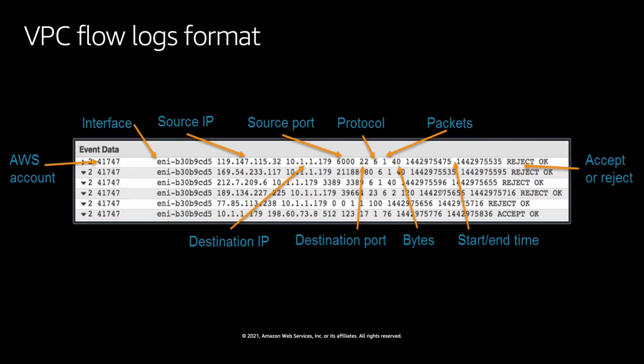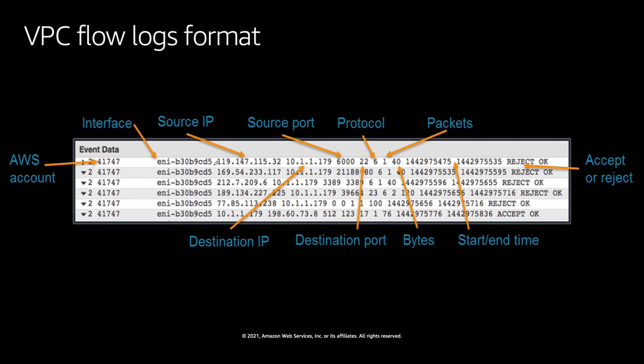Okay, so before we move on to the next topic, I think it's worth looking into how an entry in the VPC flow log looks. It's pretty straightforward. You have the AWS account, that means the account where you have enabled this, so maybe your account.